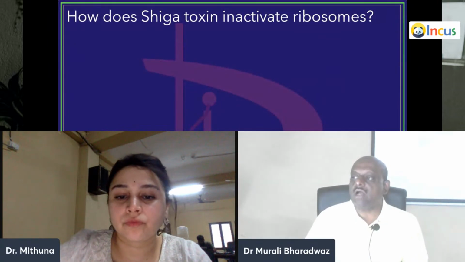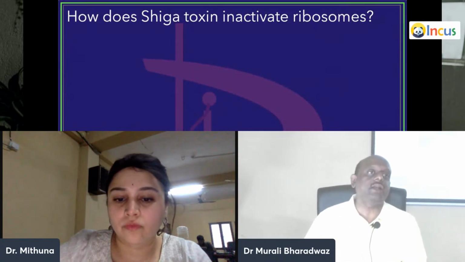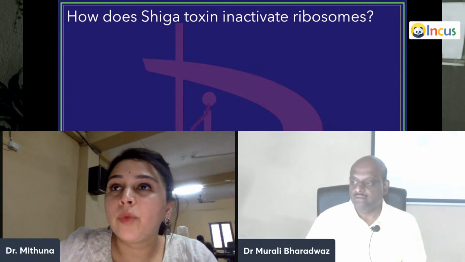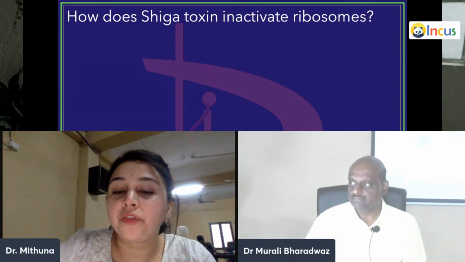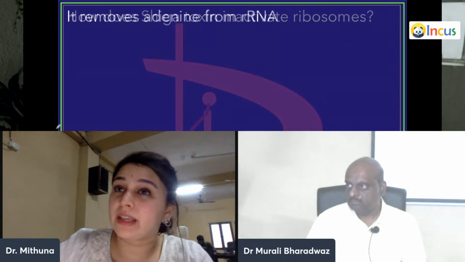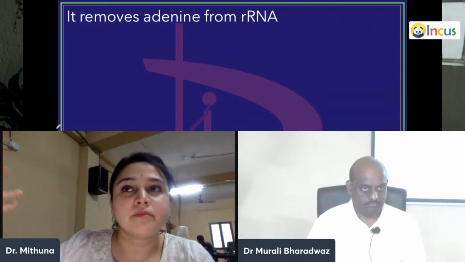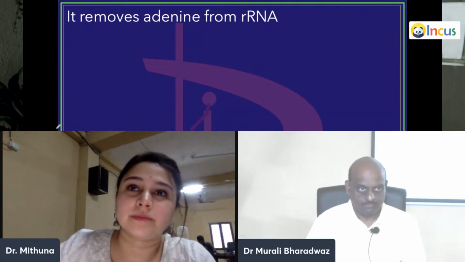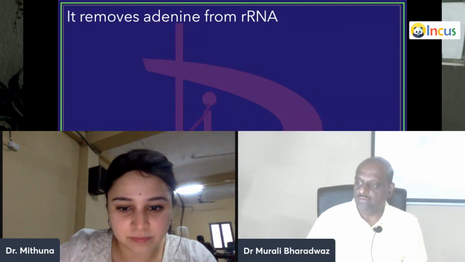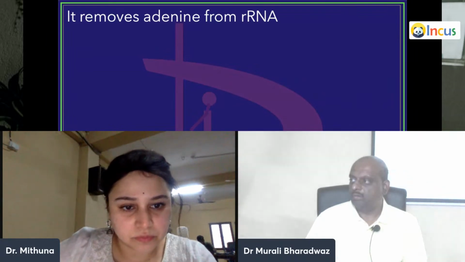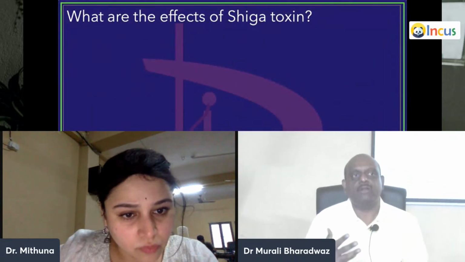How does Shiga toxin inactivate the ribosomes? It removes the adenine group from the 28S subunit of the 60S ribosome, inactivating it completely, stopping protein synthesis, leading to death. Good. Now, what is the effect of the toxin?